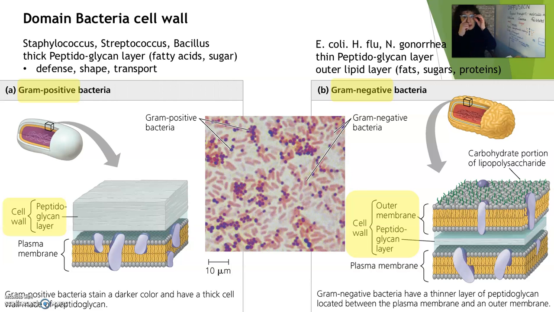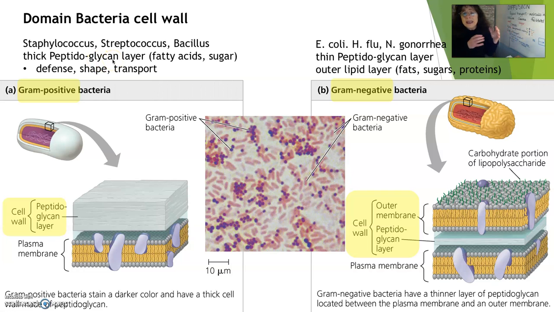Well, let's start with what you know. You know Staphylococcus, you've heard of Streptococcus, you've heard of Bacillus. These are known as gram-positive bacteria, and structurally, and then we'll get to why they're gram-positives, they have a cell wall that is very thick, and it is made up of a glycan layer that's attached to peptides.